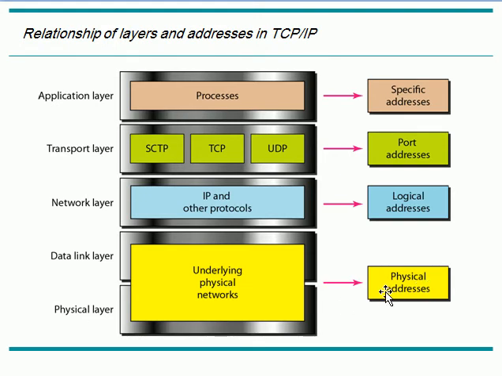Physical address is in the physical and data link layers. So the physical address covers 2 layers, the physical layer and the data link layer. This address, we are not able to touch it or change it.